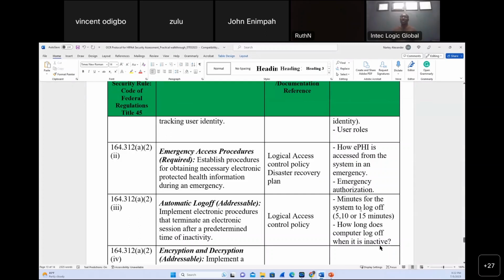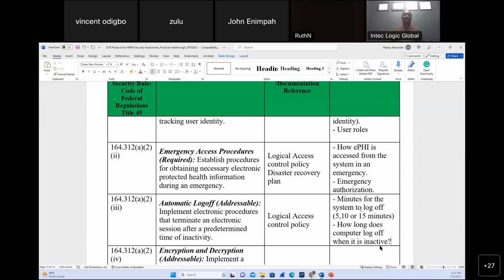Sometimes you may just have to go, when you're doing your walkthroughs or assessment, and ask somebody: per your policy, you said that when you are inactive for 10 minutes, your system should shut down or should log you off.